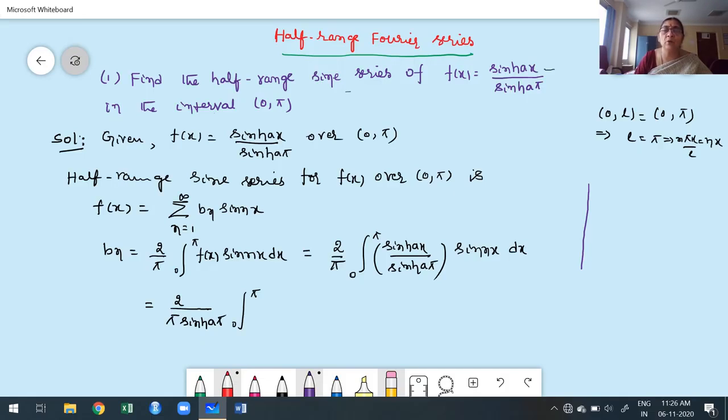Therefore, first I'm going to express the hyperbolic function in terms of exponentials. Sine hyperbolic x is nothing but e power x minus e power minus x divided by 2.